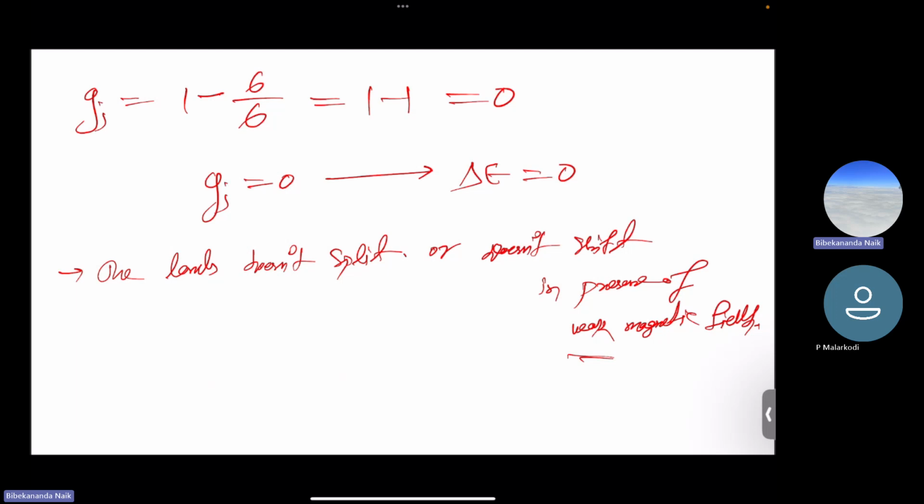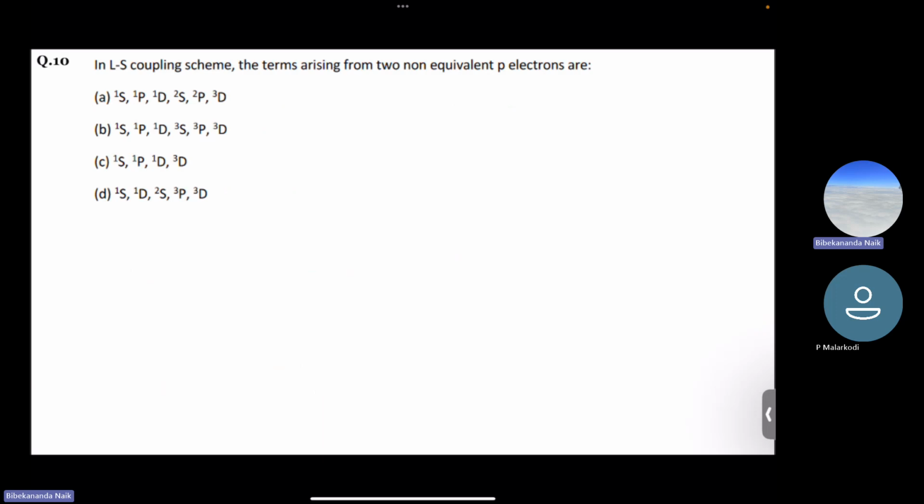That's why in case of strong magnetic field, we will apply the concept of Paschen-Back effect. I hope this is clear to you.